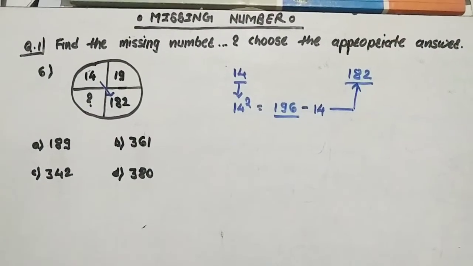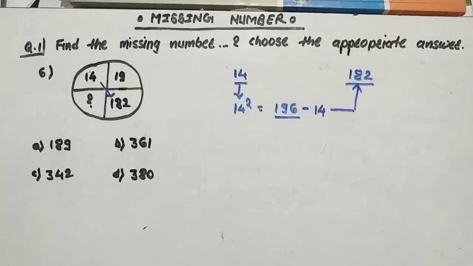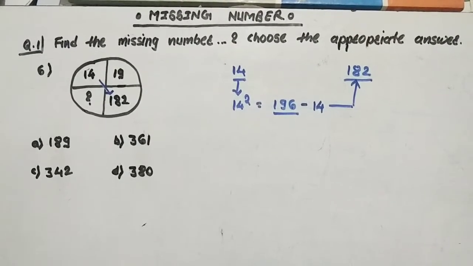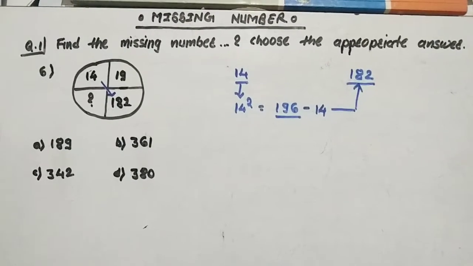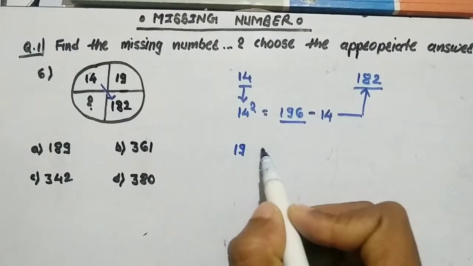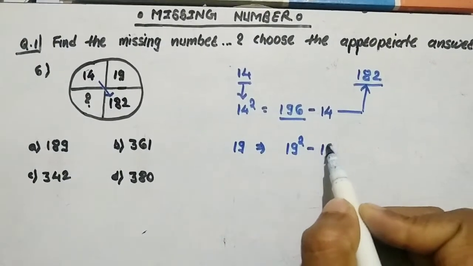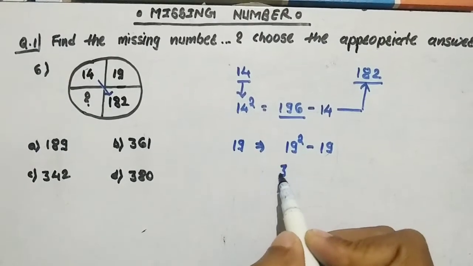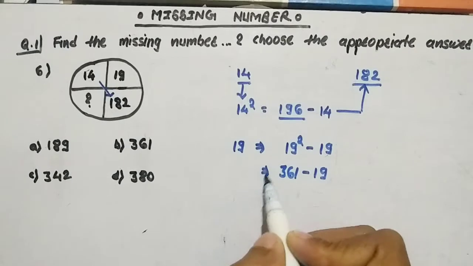So यहाँ पे क्या हो रहा है, the number that is given, first we take its square, then subtract that number, that is 14. So the next number would be 19. So 19 square minus 19, 19 square is 361, minus 19.